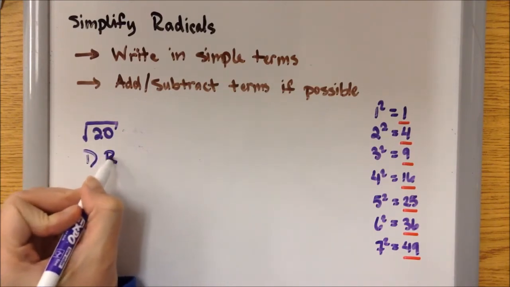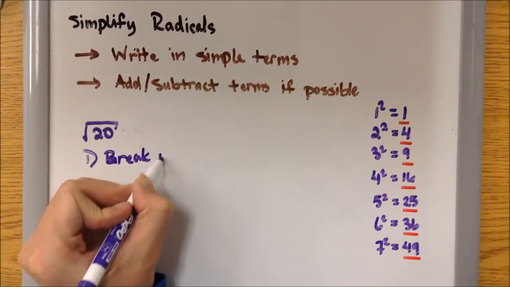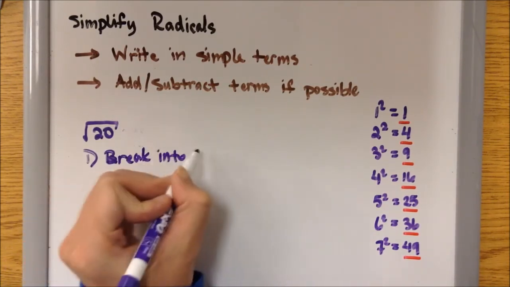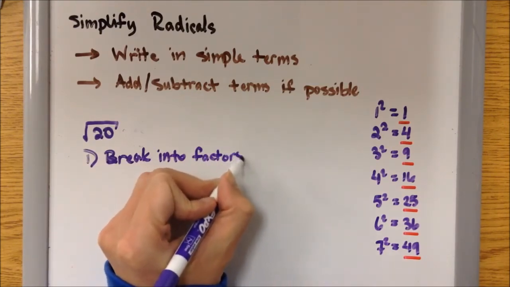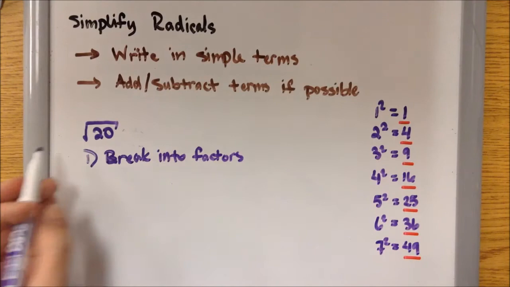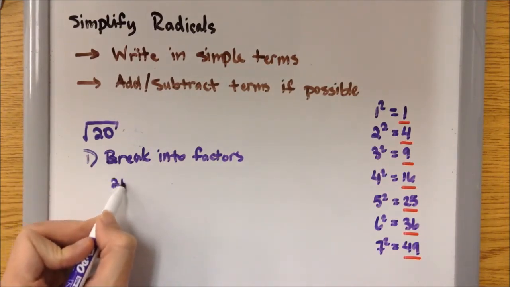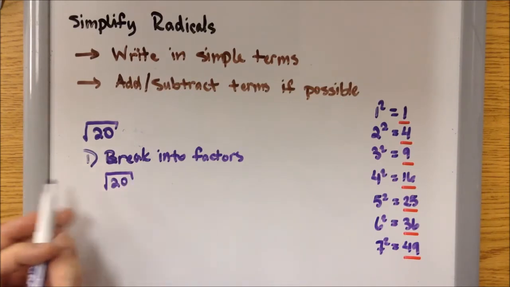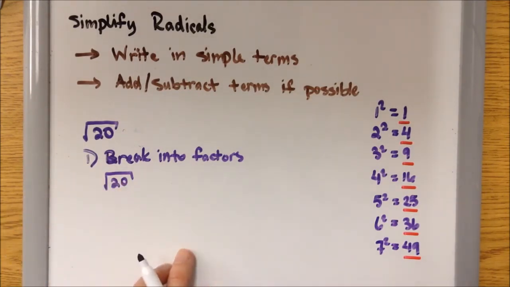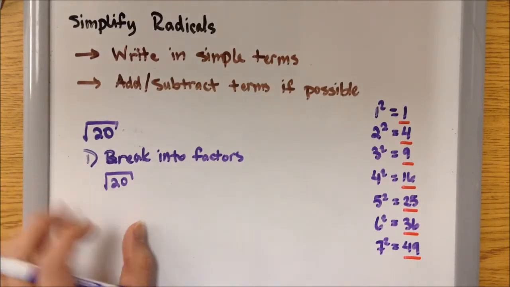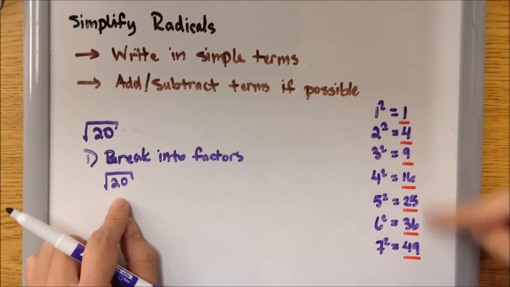We're going to break it into factors. So the square root of 20, here we're going to break it into two factors. One of them has to be a perfect square number, one of the ones that I underlined here.